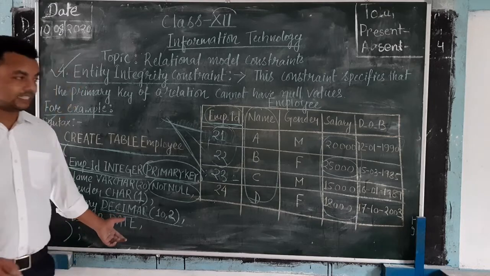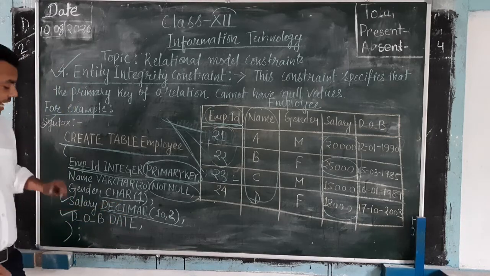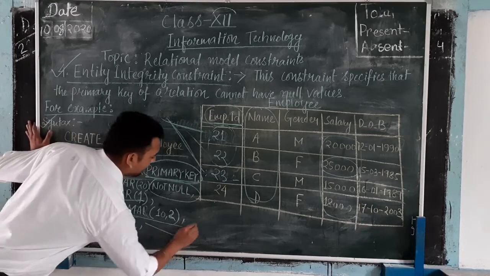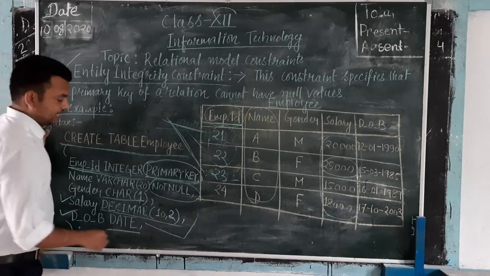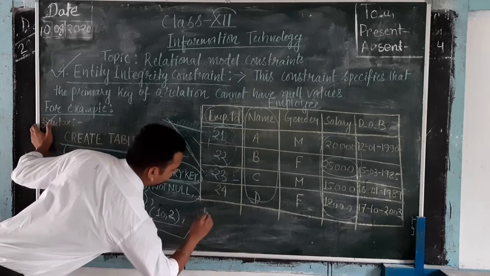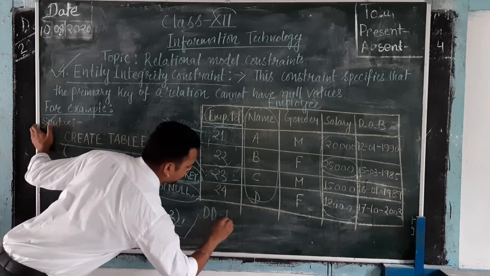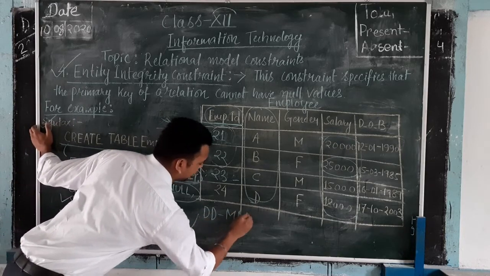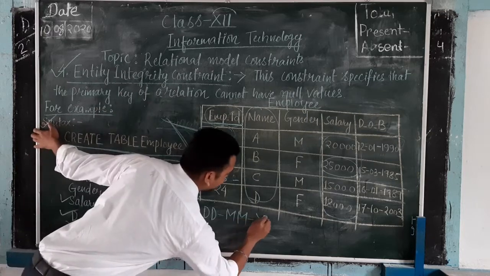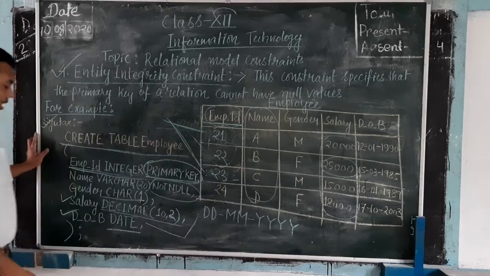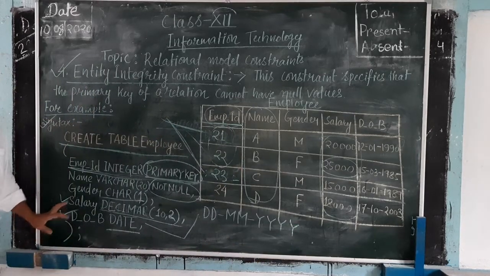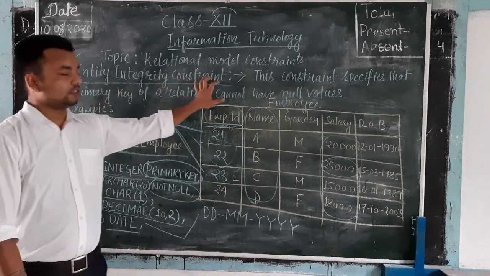Always remember that date of birth is an attribute whose data type will always be declared as date, and whenever we insert anything under a date attribute, it will be in date format. So this is how we apply the entity integrity constraint.